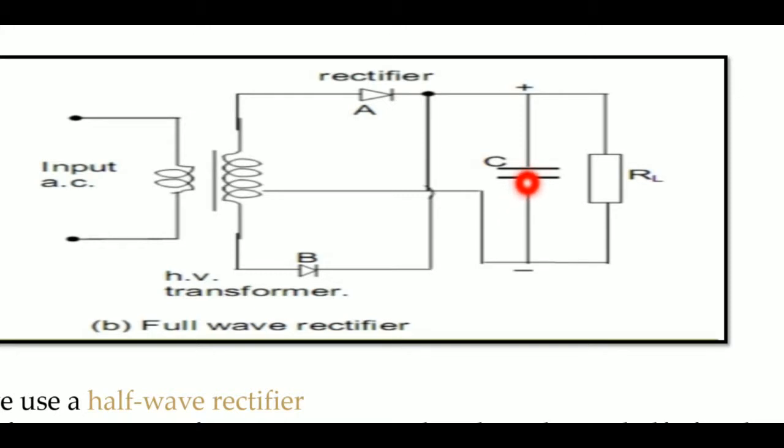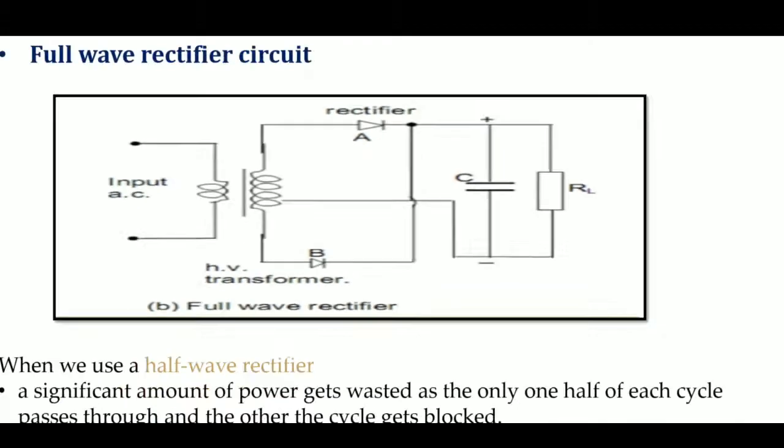That is why a capacitor is usually connected across the load resistance. When it is loaded, voltage fluctuations will be there in the output DC voltage.